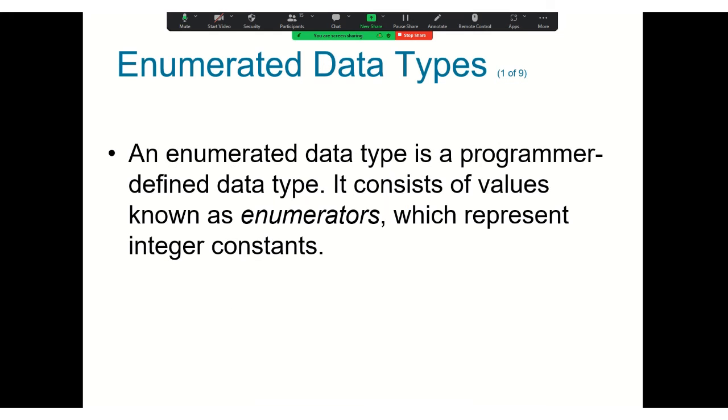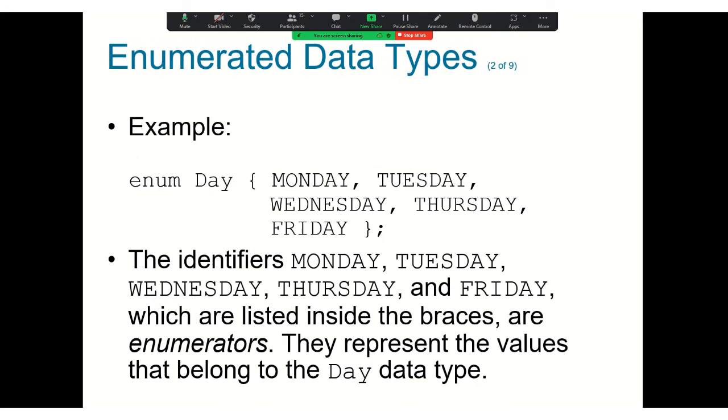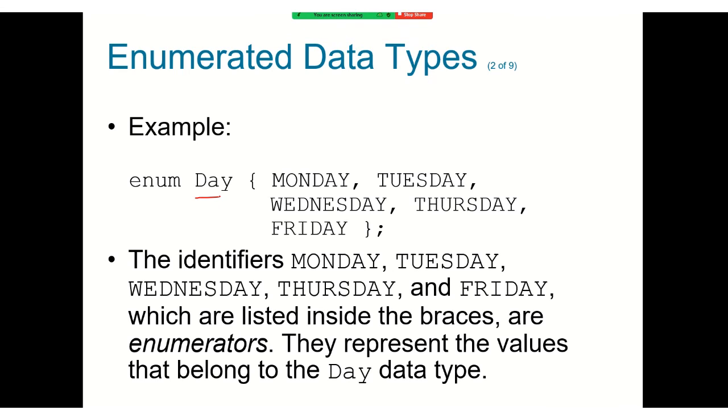So, enumerated data types. An enumerated data type is a programmer defined data type. Some people call it enum. It consists of values known as enumerators, which represent integer constants. For example, if you have a day, you can have Monday, Tuesday, Wednesday, Thursday, Friday.